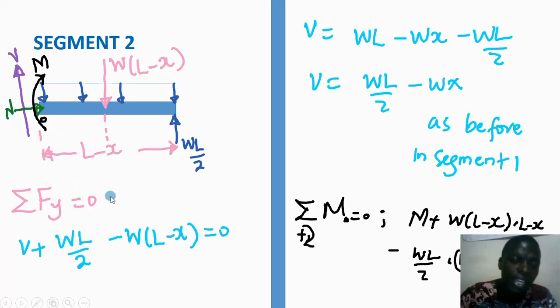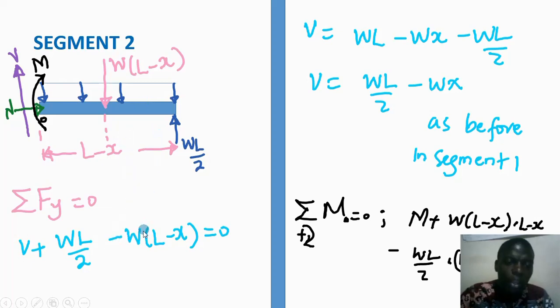Therefore, applying the equilibrium conditions to this free body diagram, the sum of forces in the y direction, or vertical direction, should be equal to 0, since V, the shear force, is pointing in the positive y direction. WL out of 2, this reaction at B, is also pointing in the positive y direction.